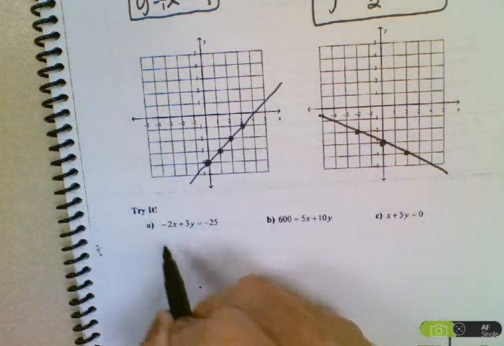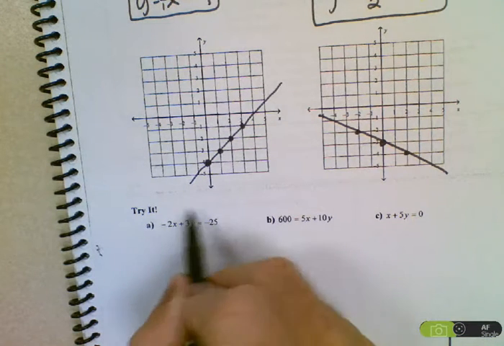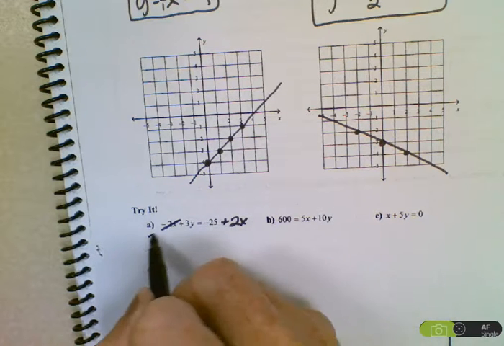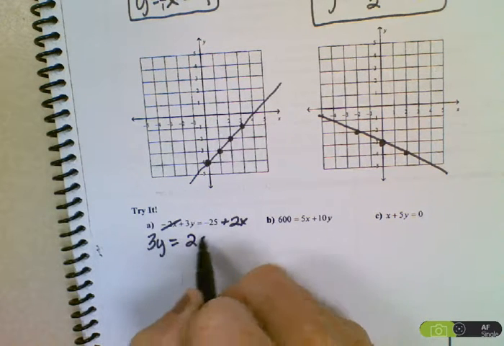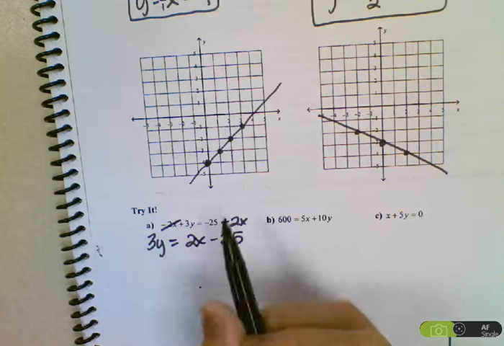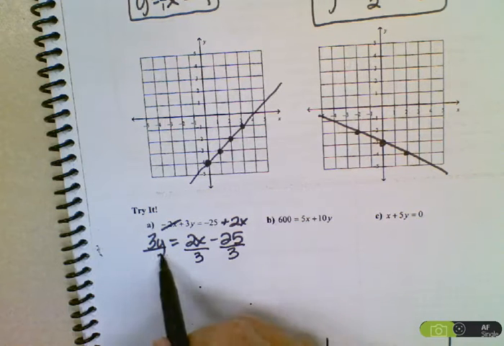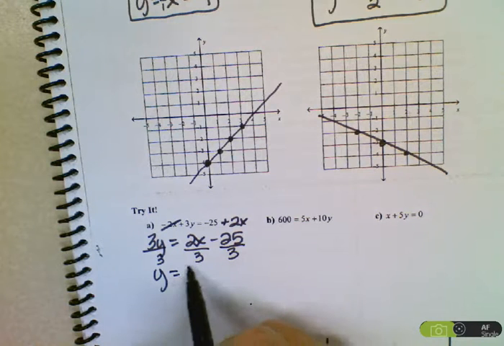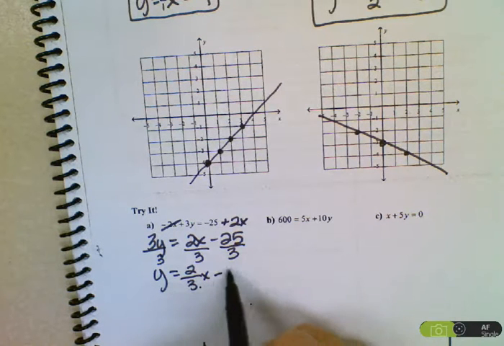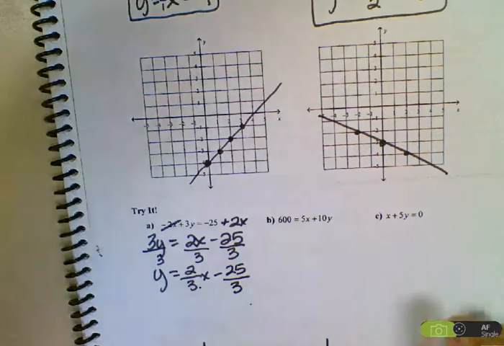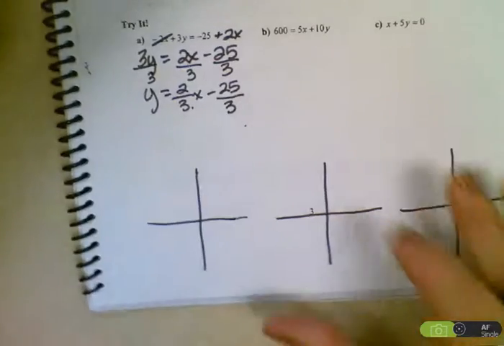All right, so now we're going to check. For A, I'm going to move my x to the other side. So that comes over here. And I have 3y equals 2x minus 25. Now I have to divide everything by 3. So my equation is y equals 2/3 x minus 25 over 3. And you're going to say, oh, Miss V, but I have a fraction and I don't know how to graph a fraction. Sure you do.